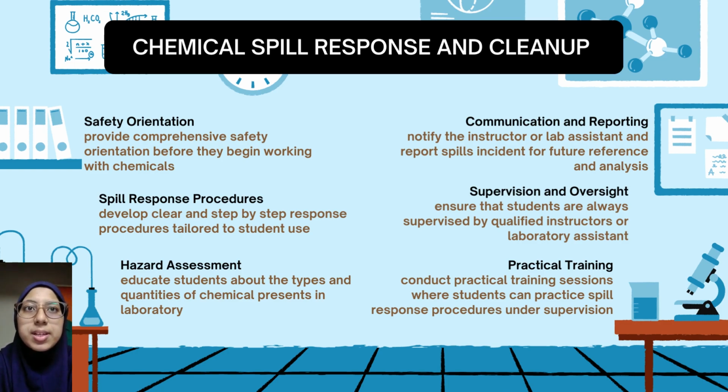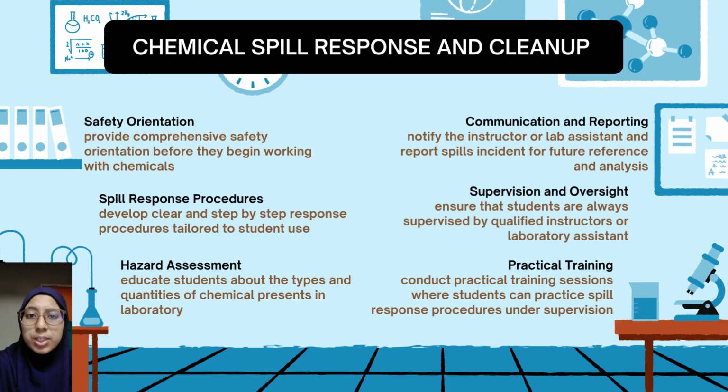Second, for the spill response procedure, develop clear and step-by-step response procedure tailored to student use. So the instructor or lab assistant have to introduce the procedure first in order if the chemical spill happen in the laboratory, such as immediate response in case the chemical spill happen.